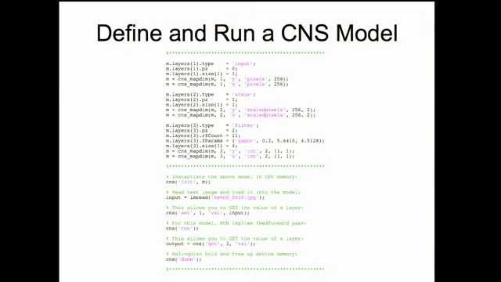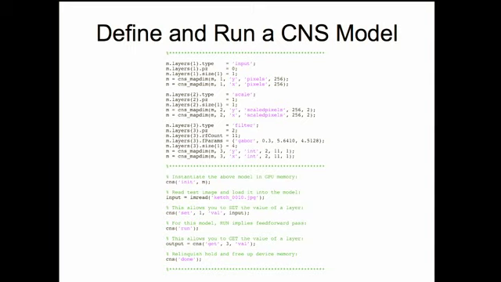You can then set the values in a given layer by, again, using a simple object-oriented interface, and then you run it. When you initialize it, basically you're initializing the data that's going to be stored on the GPU, and you're allocating the resource corresponding to the GPU.